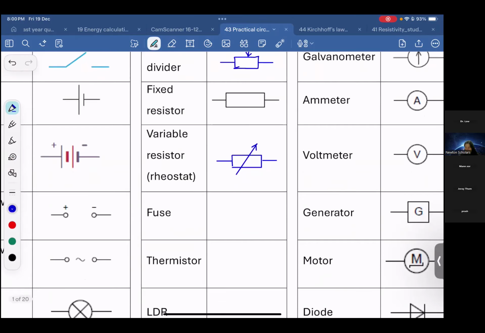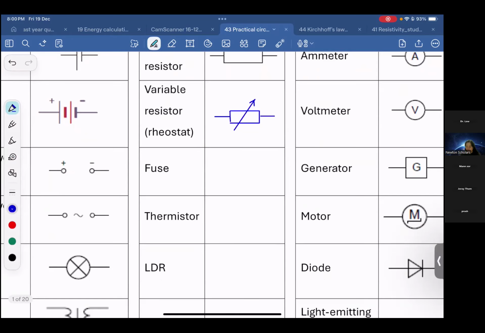Okay, then fuse is easy. A fuse is a thin wire, so we draw a line like this inside a box like this. This represents the thin wire in the fuse.